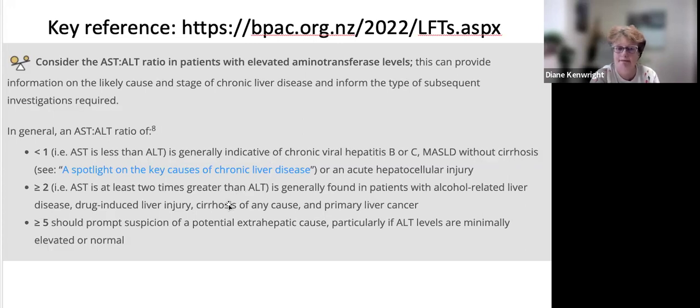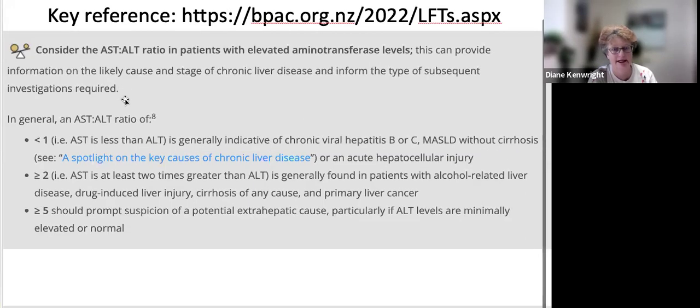And this here talks about the AST and ALT ratio, because this can provide information on the cause and stage of chronic liver disease. So AST less than ALT can indicate chronic hepatitis B or C, or a steatosis type disease.